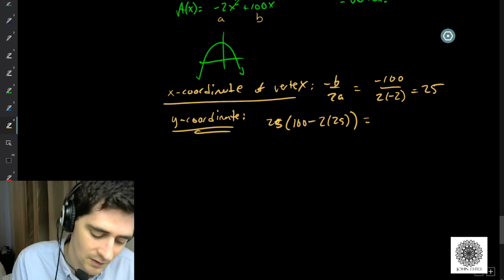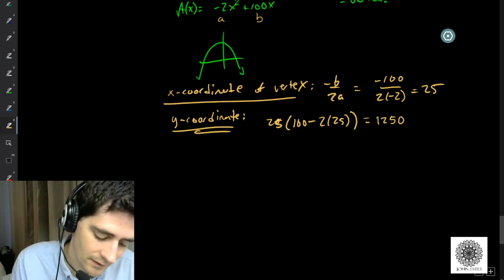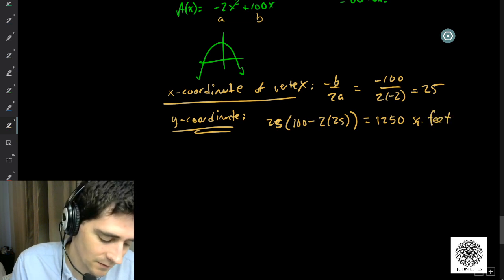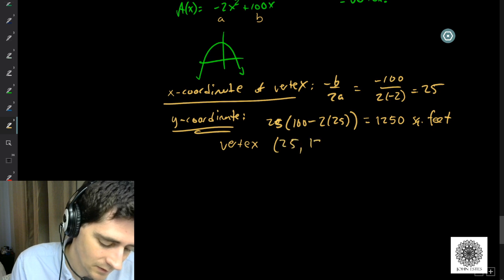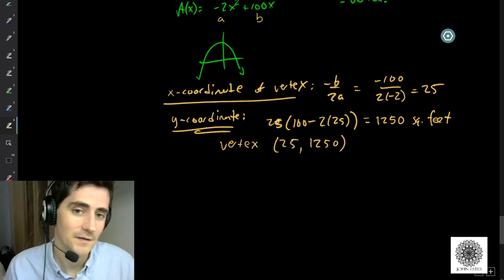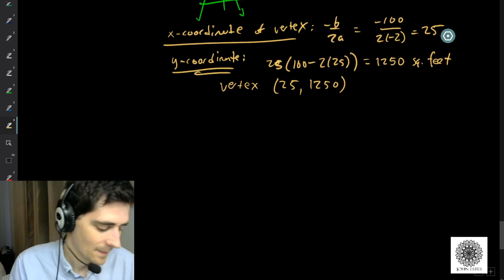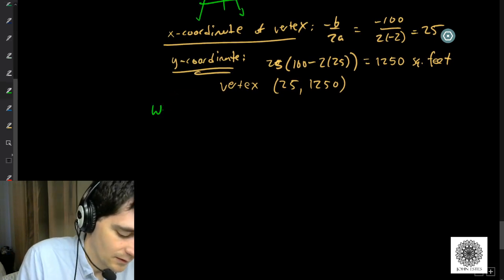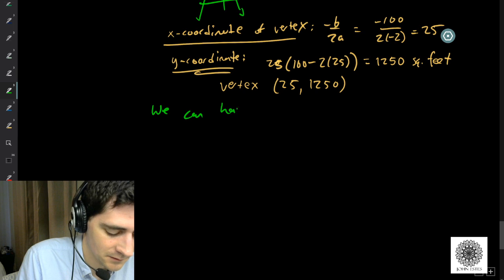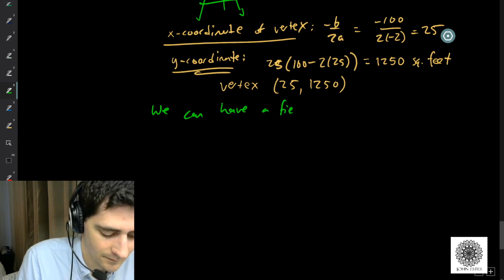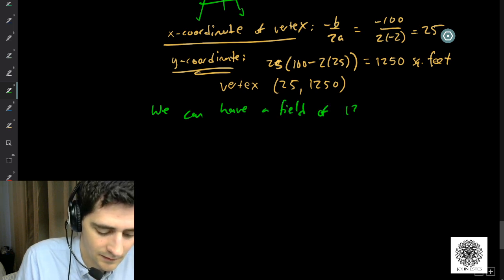So that's going to be 1,250 square feet. All right, so the vertex has this form, 25, 1,250. And what this tells me now is that we can have a field of 1,250 square feet.